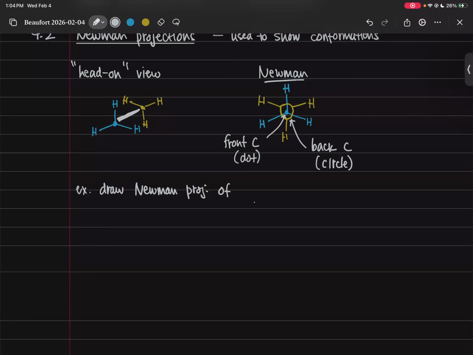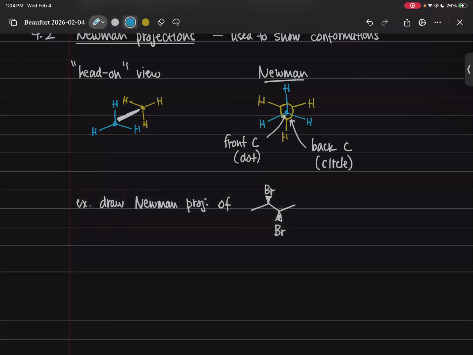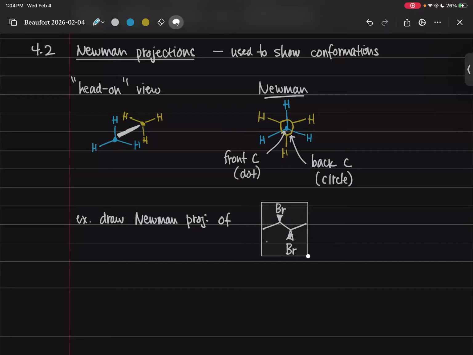Okay, so let's do this molecule. What I would recommend is that you build this. If you don't have your kit, get with somebody who does have a kit. So we're going to draw a Newman projection of this molecule. And in this structure, we need to have a way to specify which way we're looking in the Newman projection.